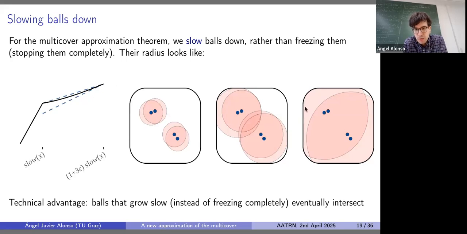The same picture will apply. This is not very important, but it has a technical advantage: balls that grow slowly, forgetting for a moment that they may disappear at some point, eventually intersect. This is different from freezing them completely, because if we freeze them, they won't intersect in general. This is just a technical point. So now I will be speaking about balls that slow down.